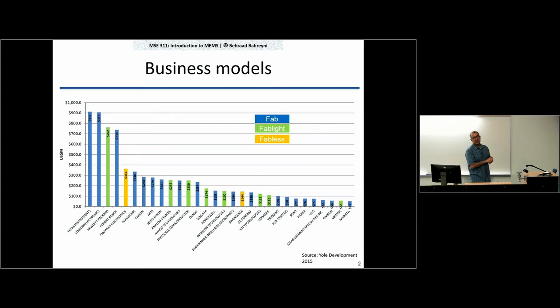And then there are fabless companies, and these are companies that approach MEMS design like the microelectronic companies: you basically give out the entire fabrication to a service provider and ask them to make it for you. What has happened over the years is that companies that were good at microelectronic manufacturing, like TSMC for example, have developed the capabilities to make MEMS.